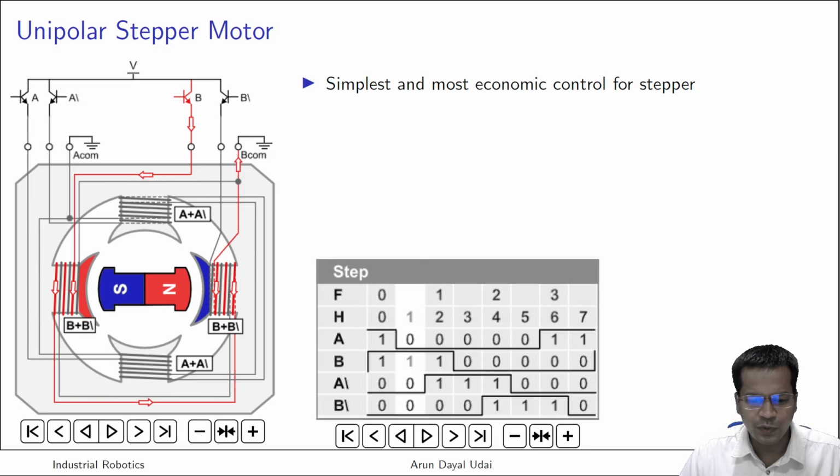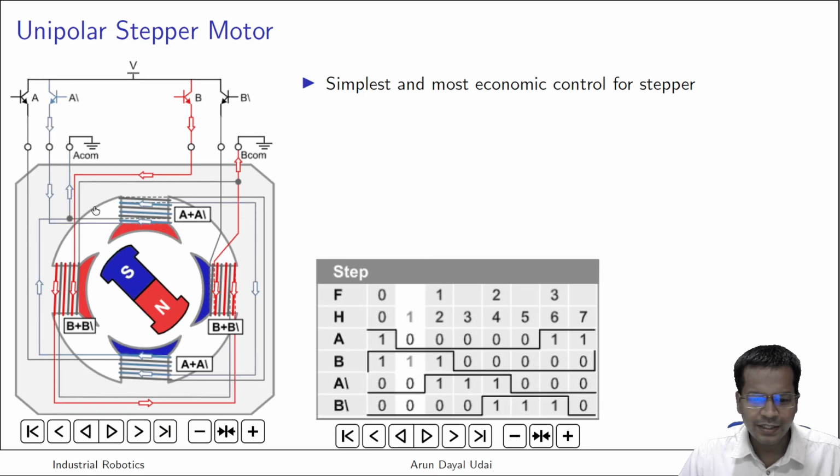In the next stage, I will make B and A bar high. I have made this high and this high. This time the armature has further turned by 45 degrees in a clockwise manner. So this is high, this is high, these two are low, and the armature turns by 45 degrees.